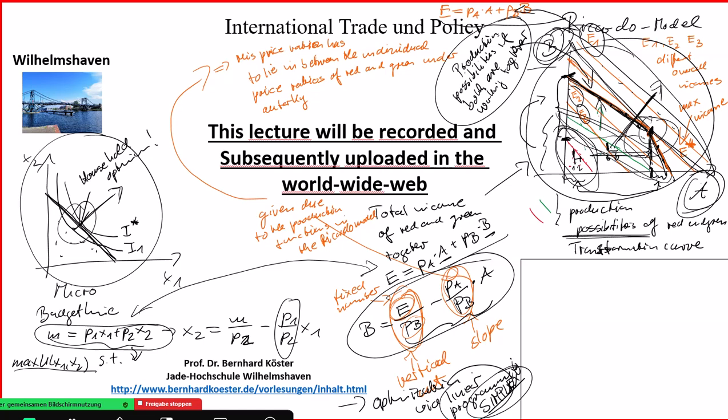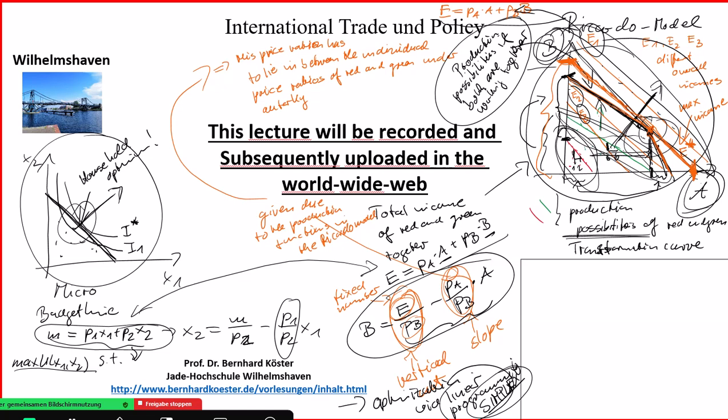And when we then see where this optimal income line cuts the vertical and the horizontal axis, then we know that this number of income, maybe 1,000 euros if we are measuring prices in euros, represents an income which is equal to the amount of B up to the cut at the vertical axis.